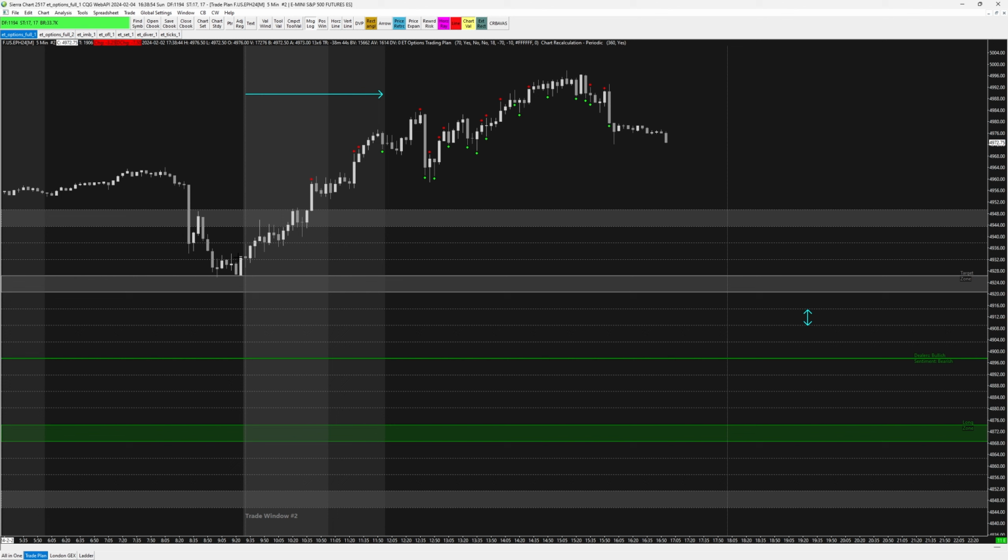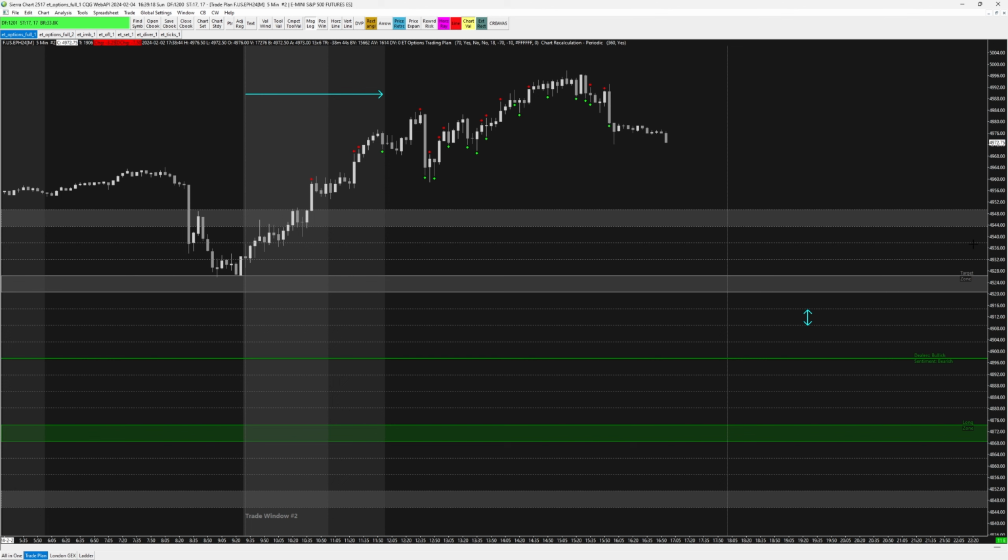The market is starting to get a bit nervous. The volatility jumps, and this is when I just click to buy or sell. So I'm opening at the very open of the market. I want to be as close to the open of the market as possible.